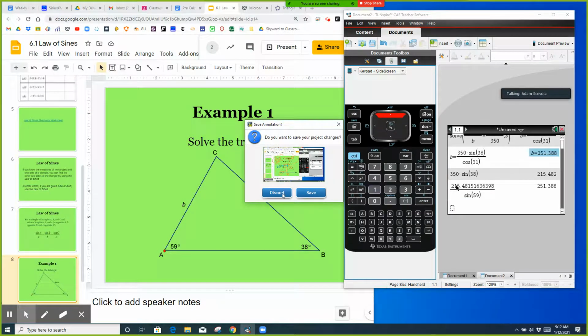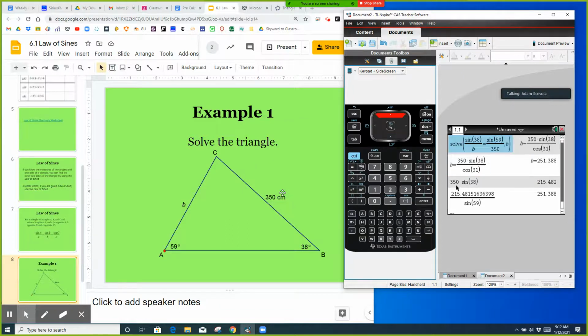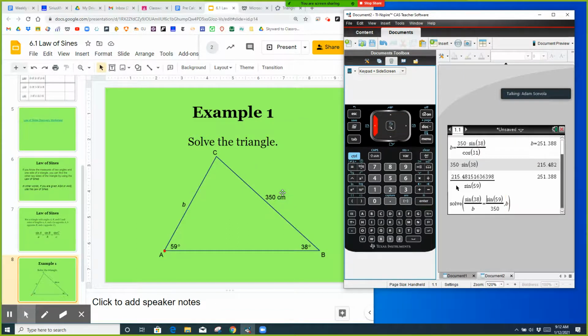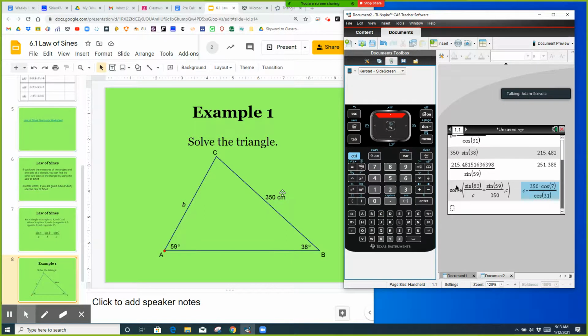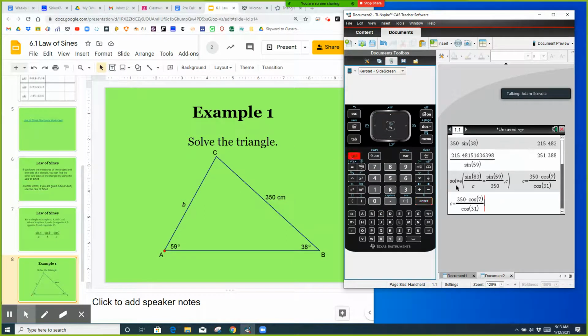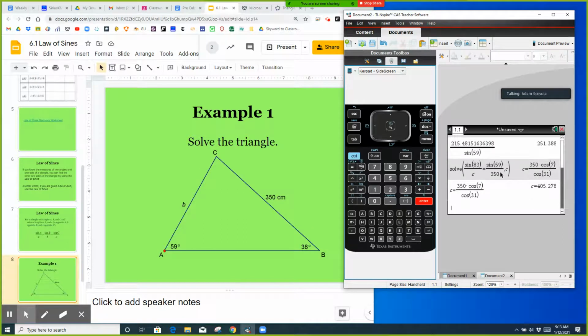If you have a CAS, you could just go back up and do the sine of 59 over 350 equals the sine of 83 over C, because now we're finding side AB, which is also known as side C. Hit Control Enter, and you get 405, which makes sense because it's the biggest side, since it's across from the biggest angle. Angle C was 83 degrees.